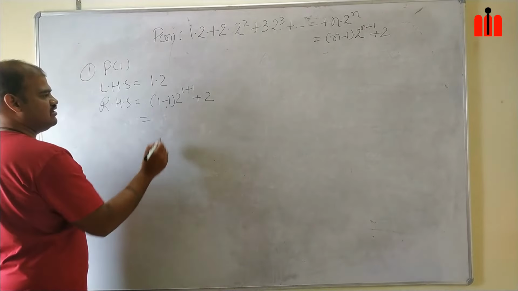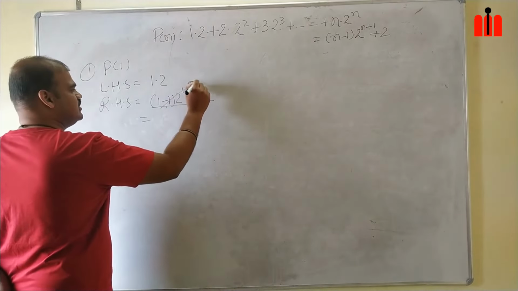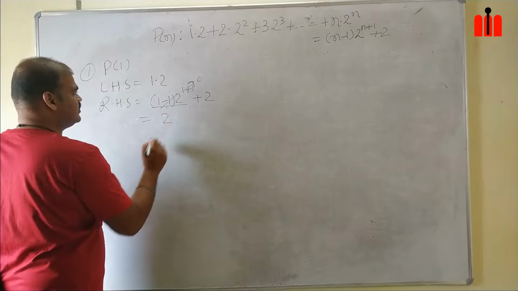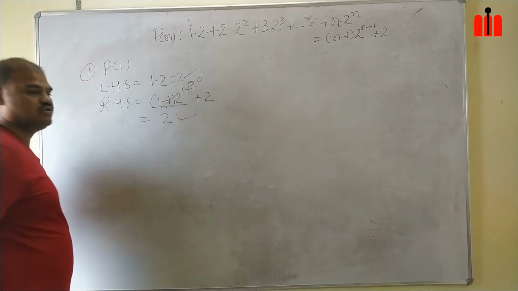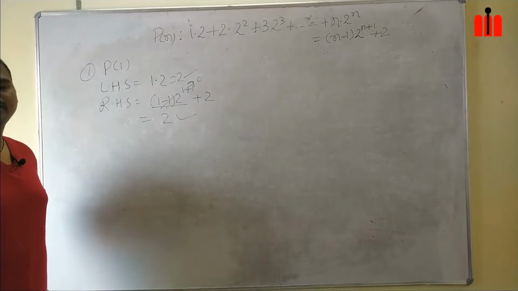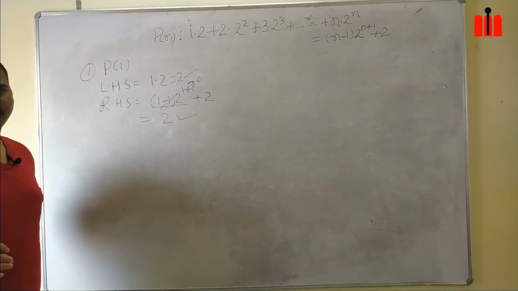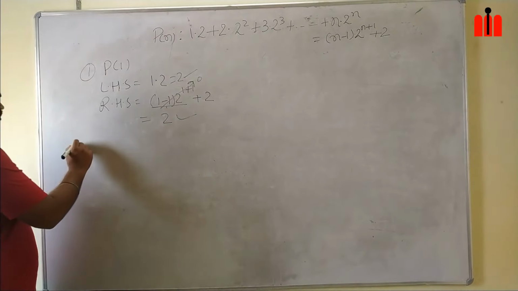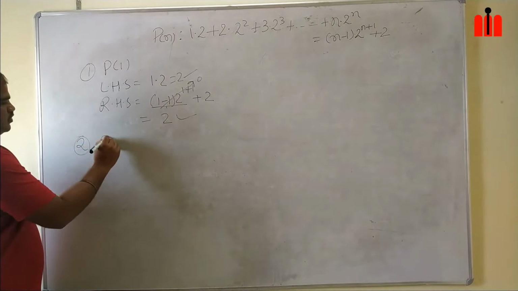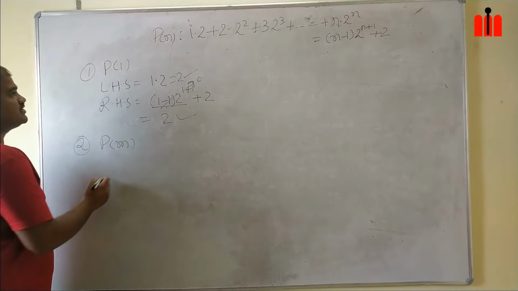So this 1 minus 1 will be 0, so this entire term will be 0. So we are left with 2. My LHS is also equal to 2. So my LHS equals RHS. So the initial check is done, that P1 is true.